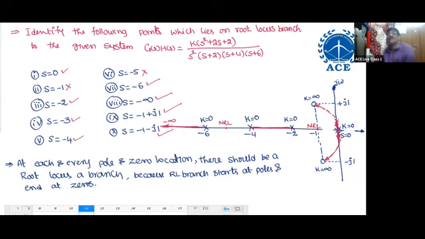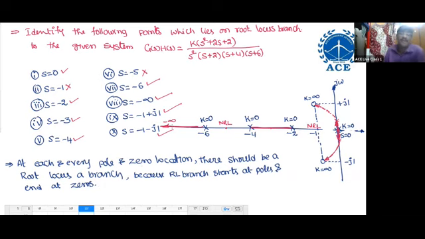By default, you have to consider all the poles and zeros on the root locus branch. The k value at the poles is 0, and the k value at the zeros is infinity.